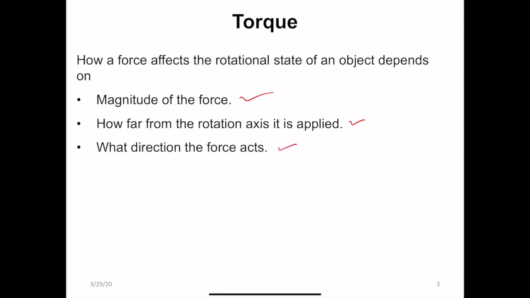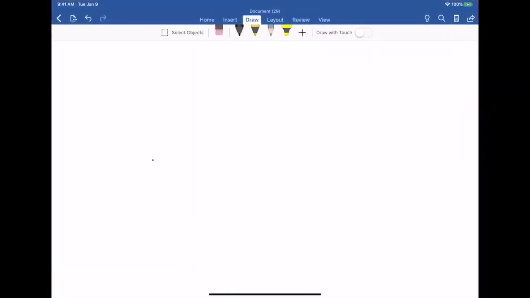Okay, now all three of these factors are neatly summarized by a simple formula. It's on the next slide. So torque, indicated by the symbol tau, is equal to the cross product of r and F. For now, let's just focus on the magnitude of the torque.